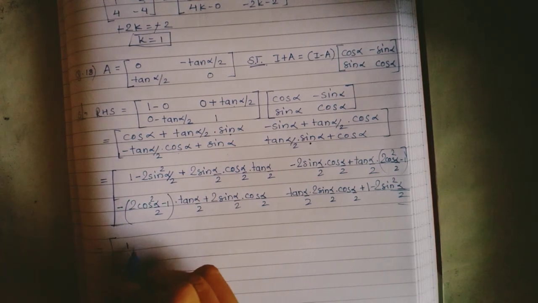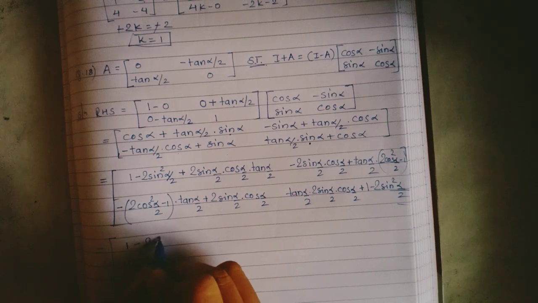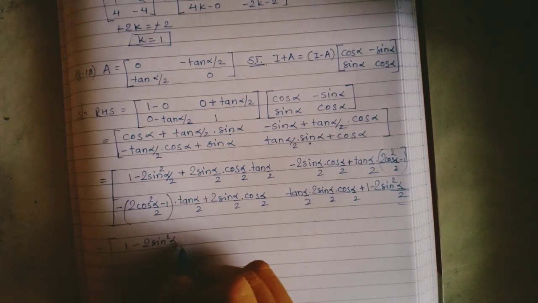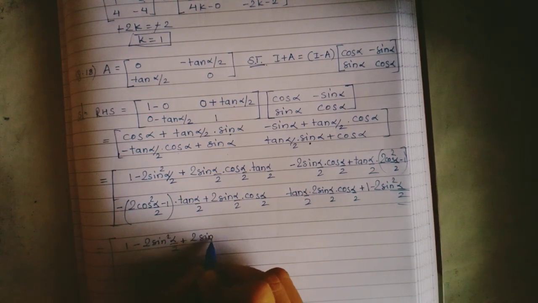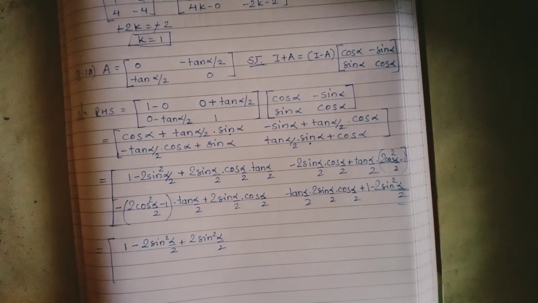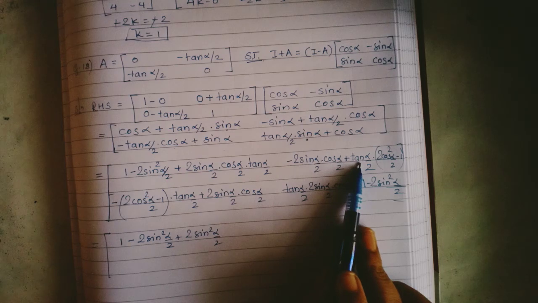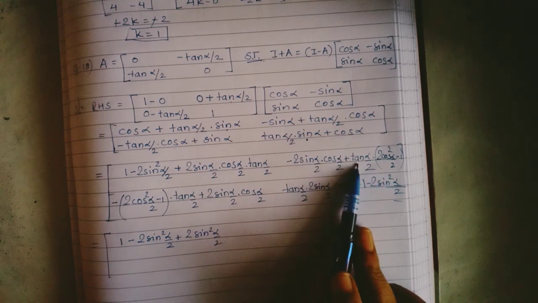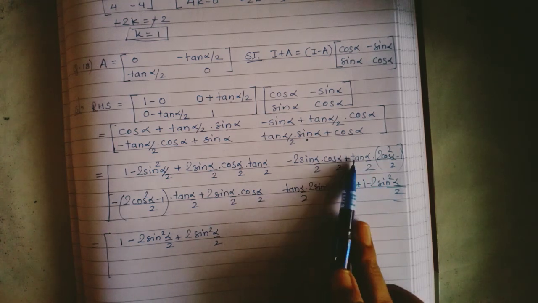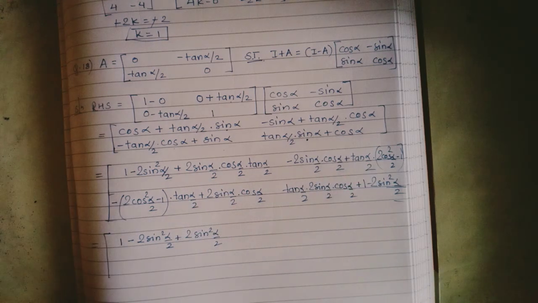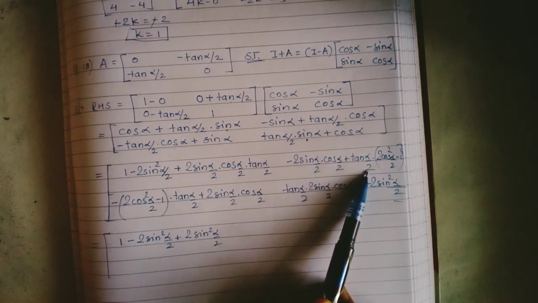So next is 1 minus 2 sin square alpha by 2 plus 2 sin square alpha by 2. Here also you can take this inside, that is 2 cos square alpha by 2 into tan alpha by 2. So this tan alpha by 2 will be sine upon cos, right?